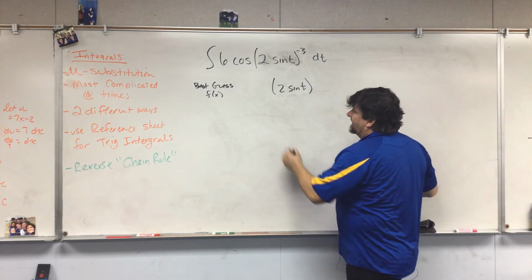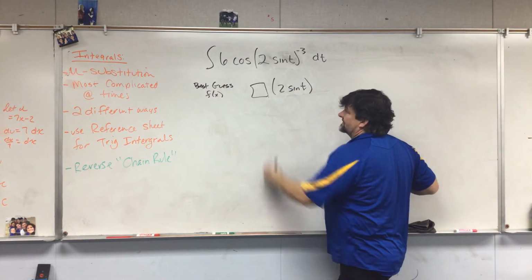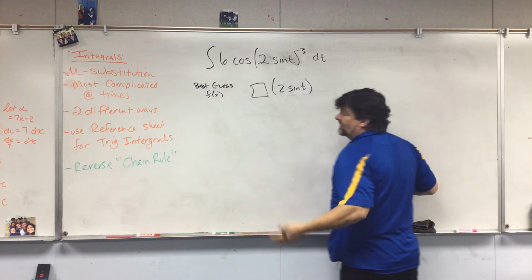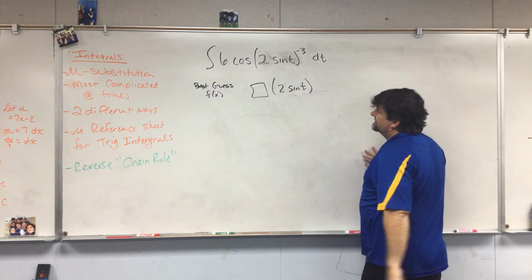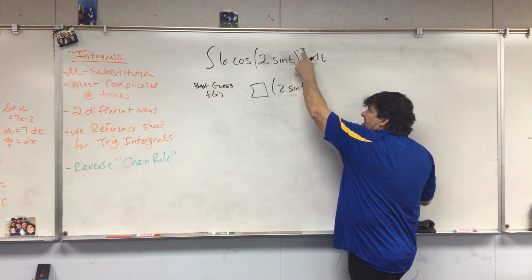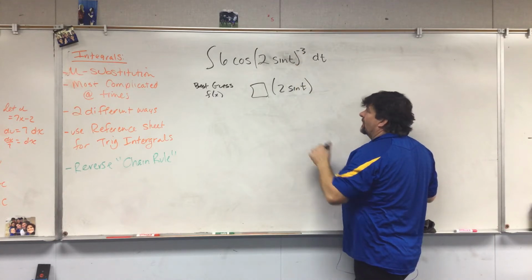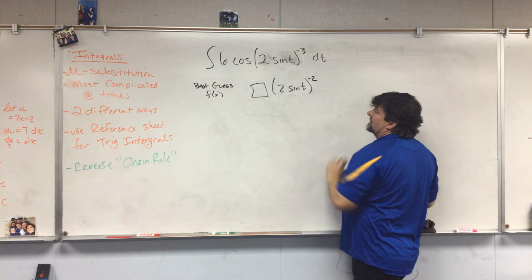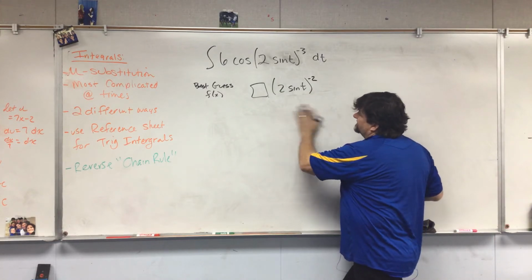And I took the derivative, because I don't know where this came from. I took this derivative of this with 1 power higher, so it would be negative 2 right there. That is my best guess.